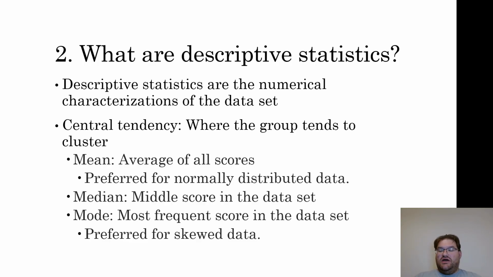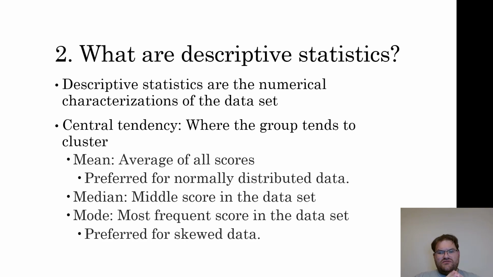So this could be exam scores on a psychology exam. We could take all the students' scores, 30 students in a class, and find the average, which would be the mean. Then we could plot that and see if there's a curve or a distribution, which we'll talk about.